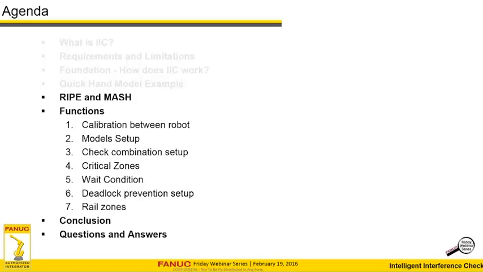Now I'm going to get into the communication protocols required for IIC. These basically allow multiple robots to do position check, arm-to-arm interference check.